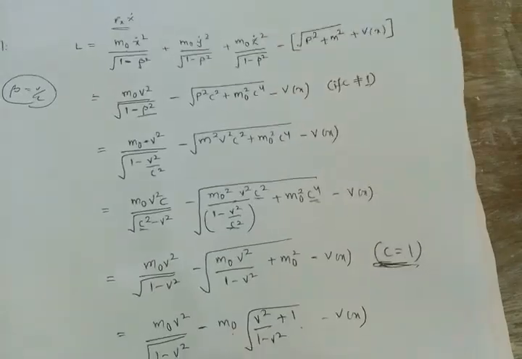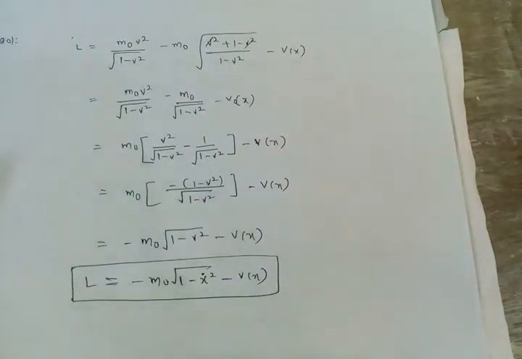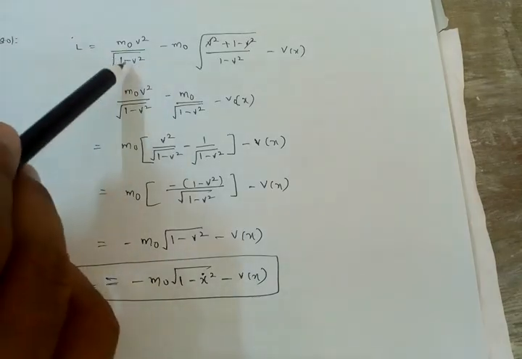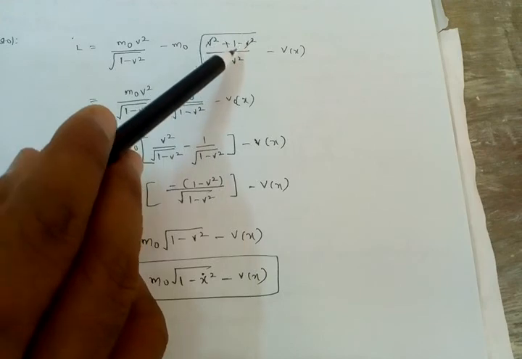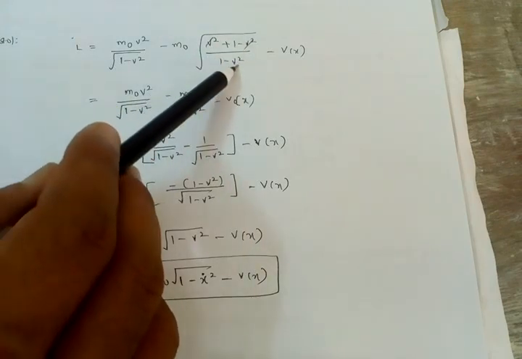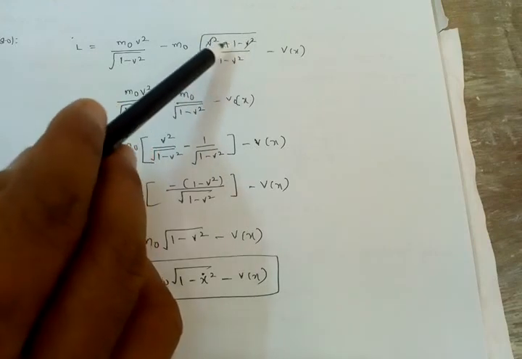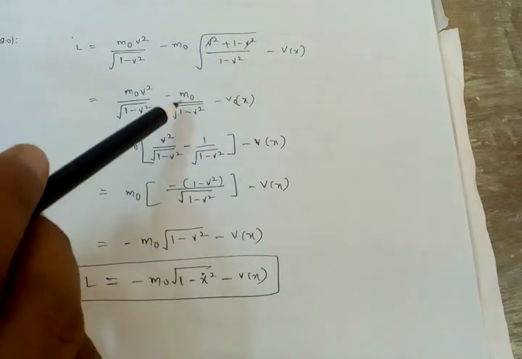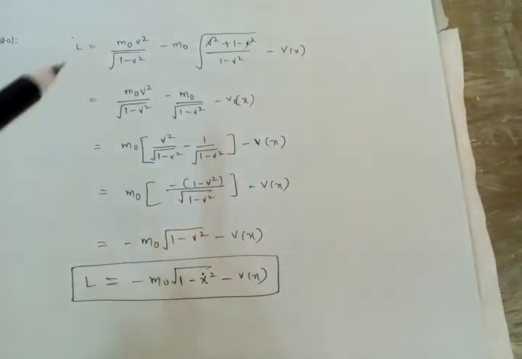The next step: the Lagrangian equals m naught v squared over the square root of 1 minus v squared, minus m naught times the square root of v squared over 1 minus v squared plus 1. Taking 1 minus v squared common, the v squared terms cancel and we get m naught by the square root of 1 minus v squared, minus V of x.